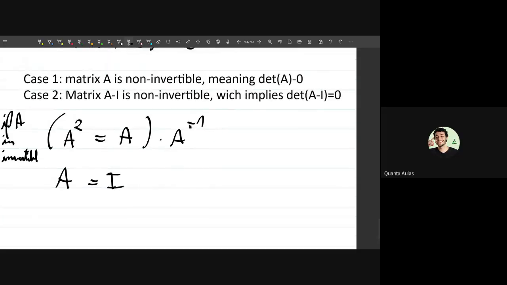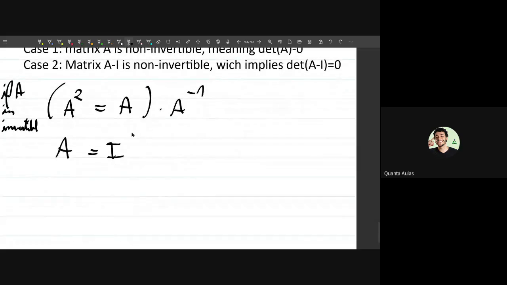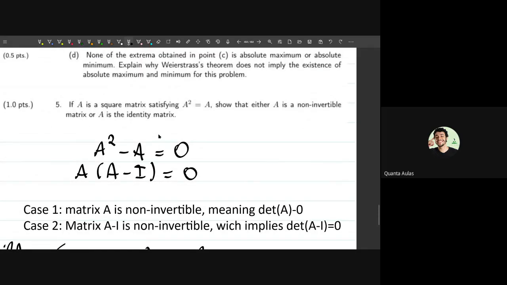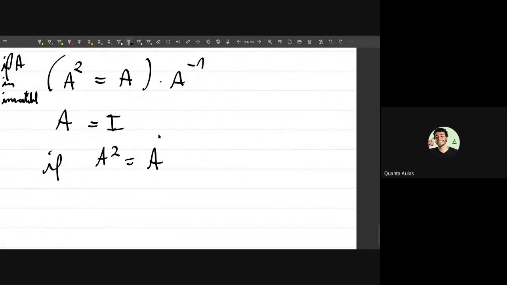So if A is invertible, we have these situations to put here to show your teacher. If A squared equals A, like in the question, we have some situations.